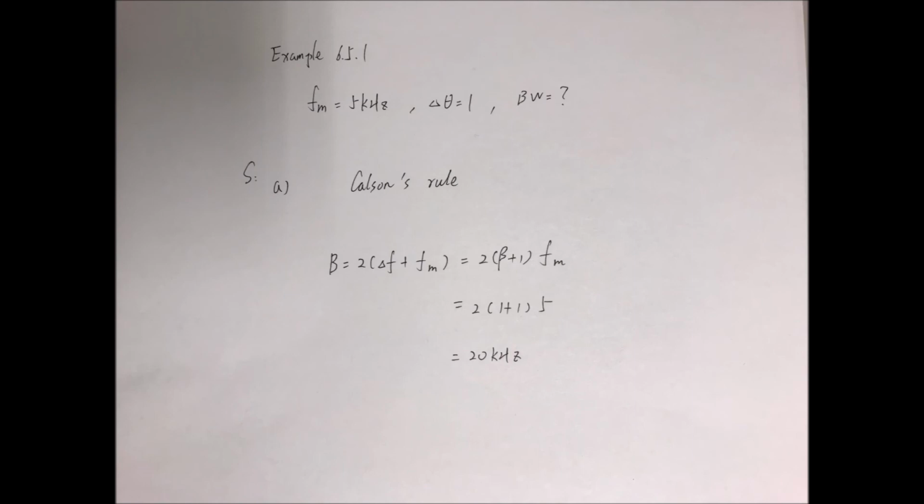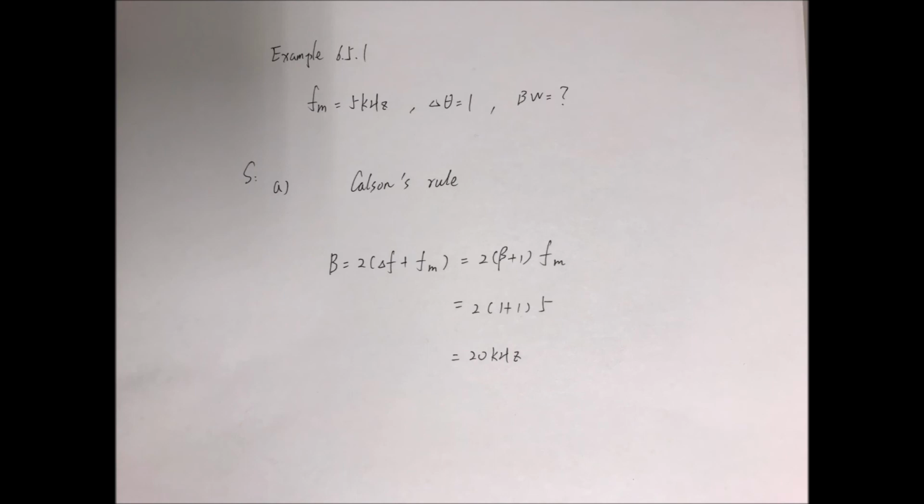Let's look at this one, read it together. A carrier is phase modulated by a sinusoid signal of 5 kHz. So my message frequency fm is 5 kHz. And unit amplitude, so A is 1. And the peak phase deviation is one radian.